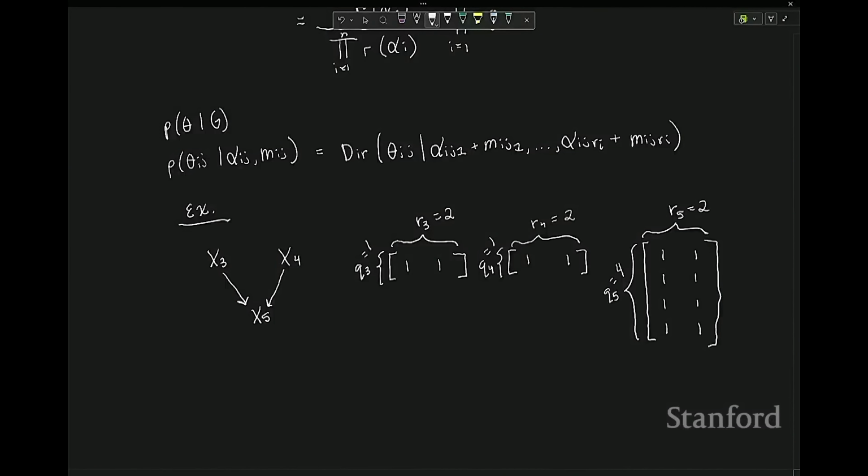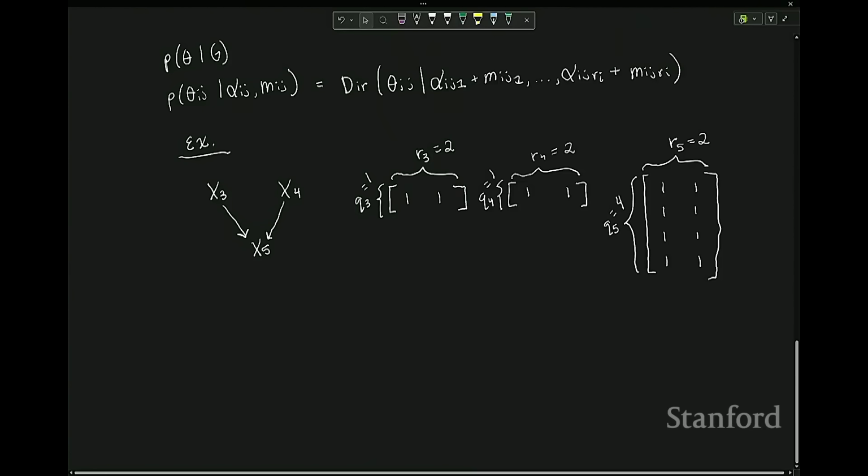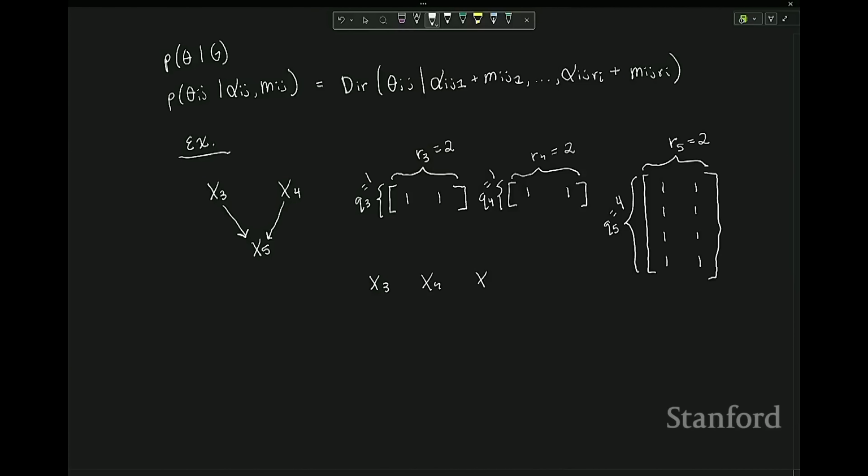And then we're going to look at what happens if we observe some new data. So how do we update our pseudo counts with our observed counts? Let's say we make the observations in this table.